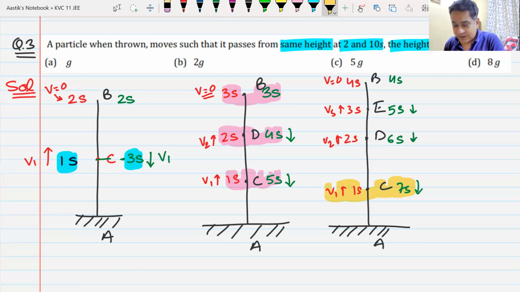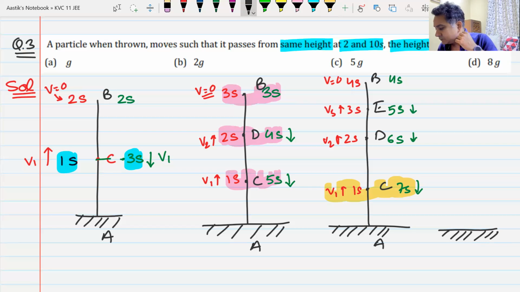In this case, what is going to happen? Can you now solve it? In this case, what is going to happen?